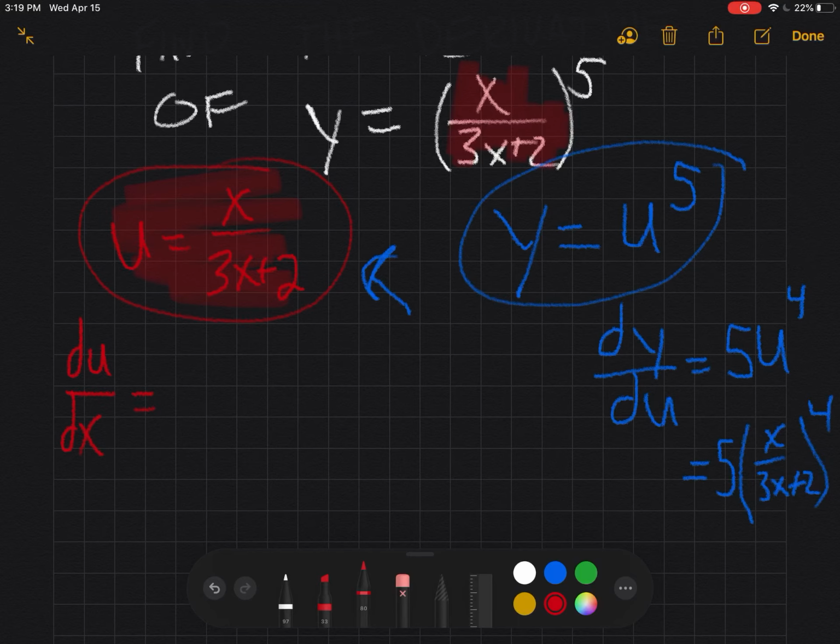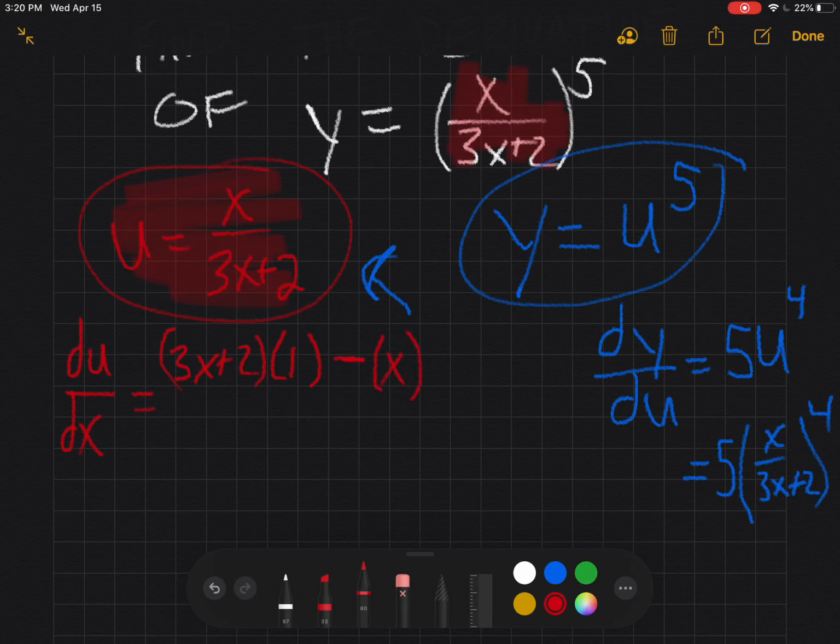Okay? So now we know the derivative of y with respect to u. The next thing we have to do is take the derivative of u with respect to x. So in that notation, we have the derivative of u with respect to x, and we're going to use the quotient rule here. I almost want to show you guys my workaround and how I use the chain rule to do quotients, but I think that might be too much in this particular example, so I'm holding myself back. I hope you're proud.